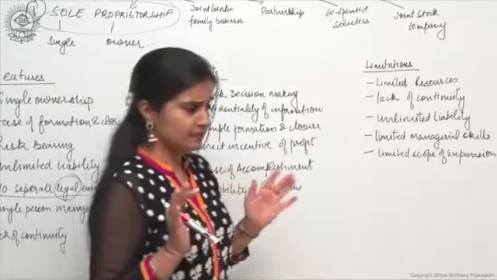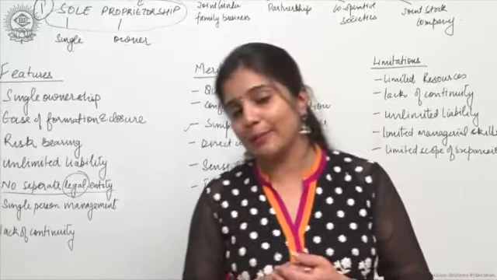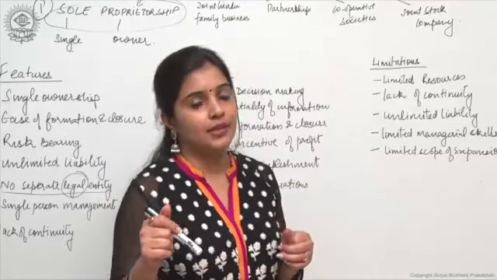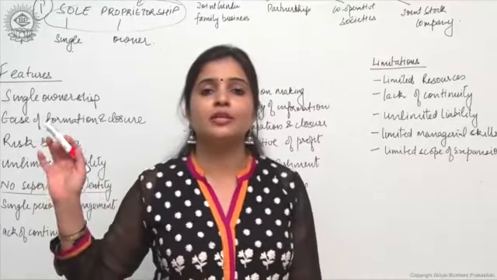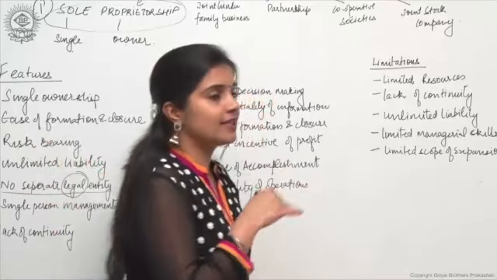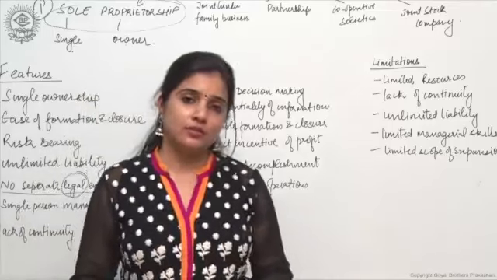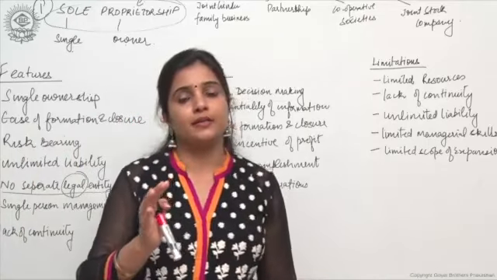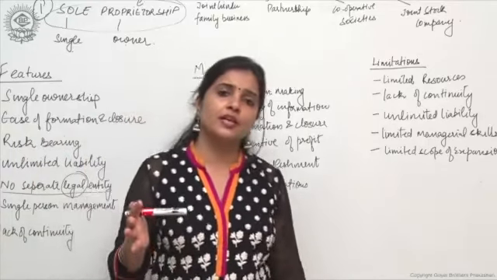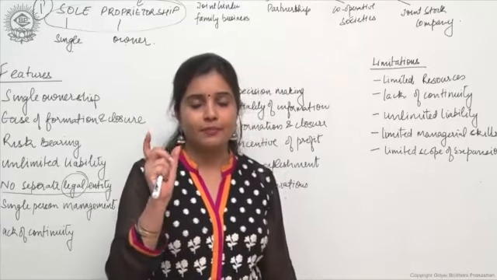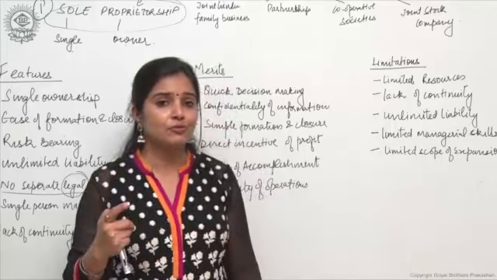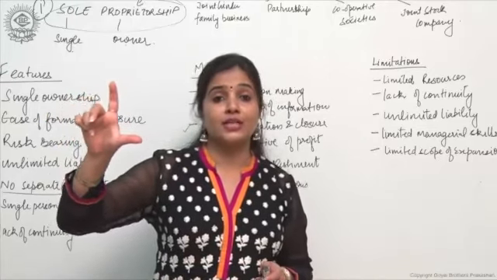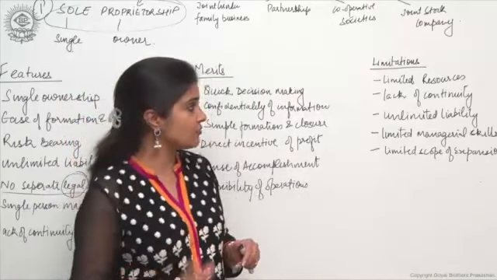One person will have some money of his own, which we call capital, okay? Or he can arrange a little more money from here and there, which we call liability. We say the accounting equation is Assets equal to Capital plus Liabilities, okay? So to buy assets you put in your capital, plus you take some loan from outside, right? But for a single person, for a sole proprietor, how much money can he invest? How much of his own money can he invest in the business? That's going to be limited, right? Because it's a single person organization, the financial resources are really limited, and a single person can get only a limited amount of money as loan from the bank. So his financial resources are really limited.